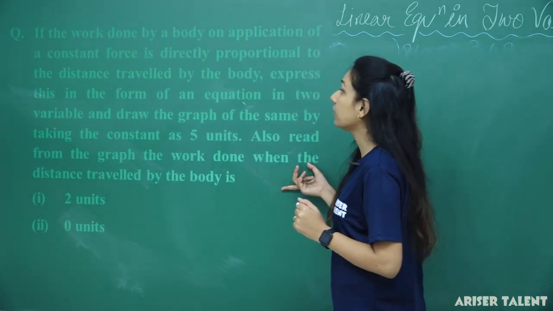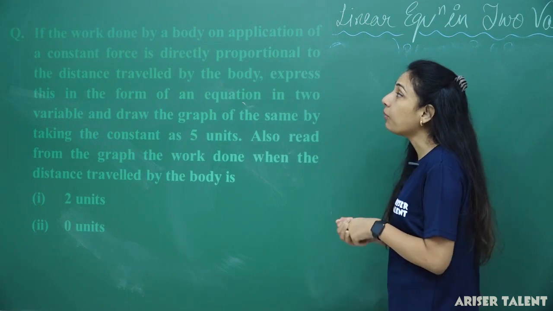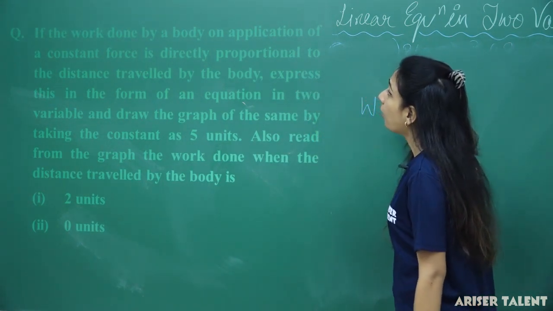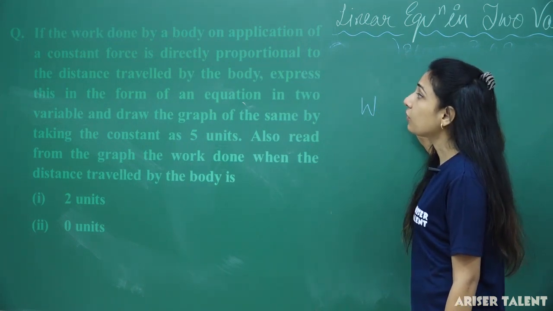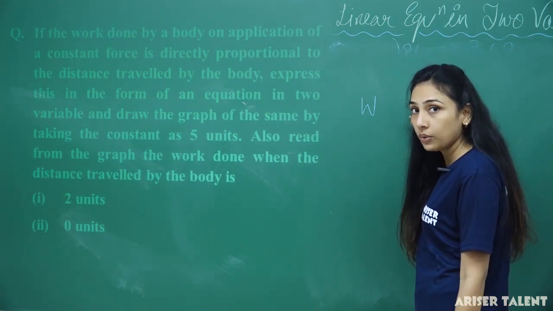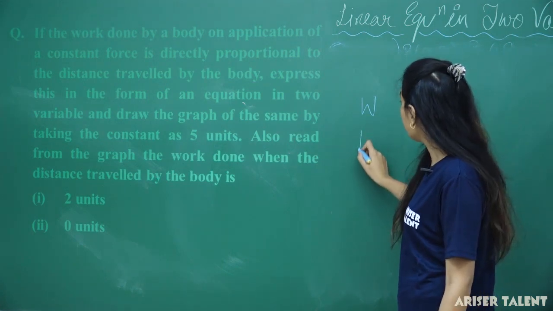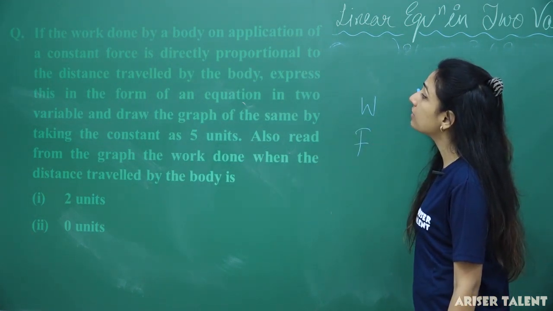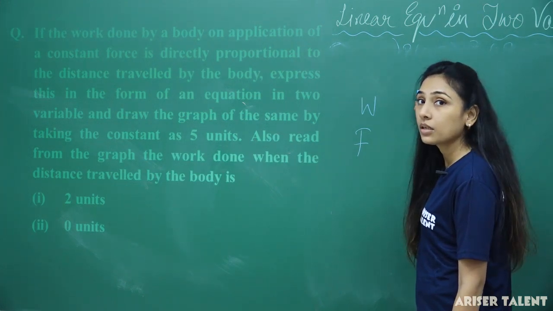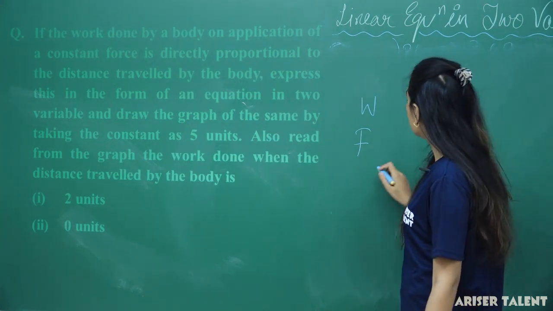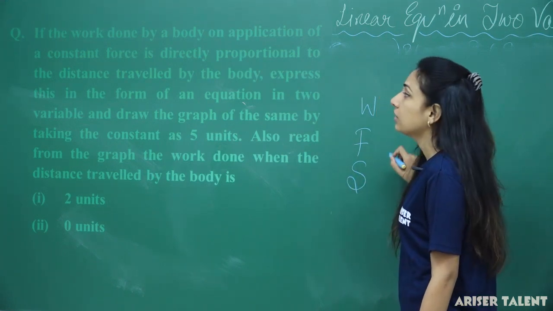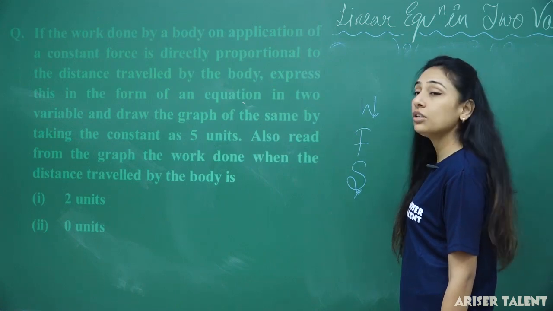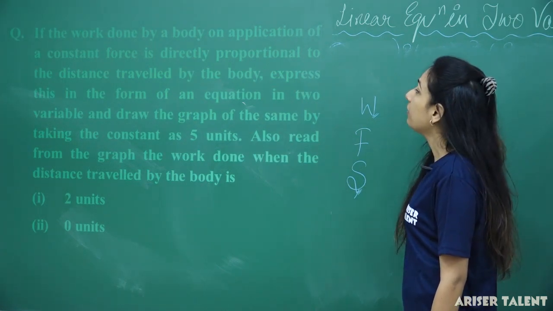So here it is, the work done by the body. So work done, that is W, by a body on application of a constant force is directly proportional to the distance travelled by the body. So let's suppose it's travelling some distance s. So this work done is directly proportional to the distance travelled by the body.